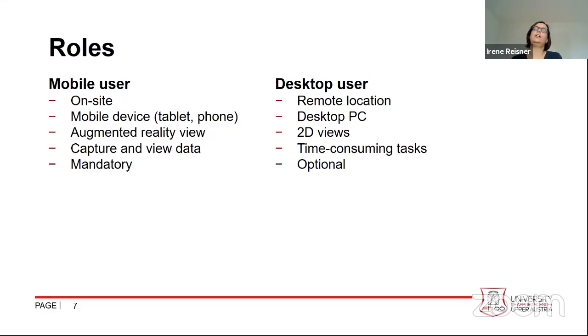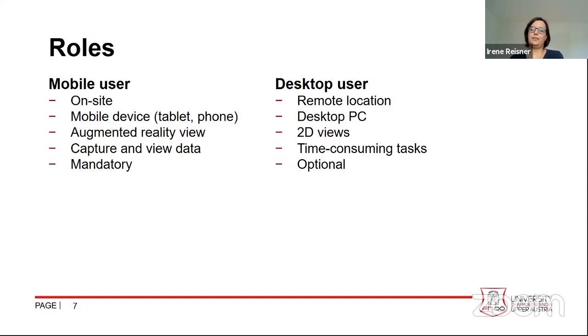As I said before, the main task for a mobile user is to capture and view data, and more time-consuming tasks are useful only for a desktop user. The mobile user is, in our case, mandatory because we do need access to the spatial information.